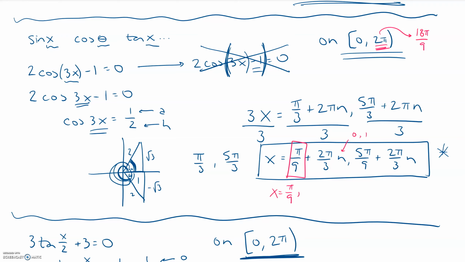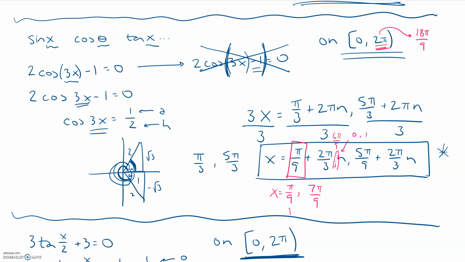If n equaled 1, we would have 2 pi over 3, which, multiplying by 3 over 3, would give us 6 pi over 9. Pi over 9 plus 6 pi over 9 makes 7 pi over 9, which does fall on the interval.